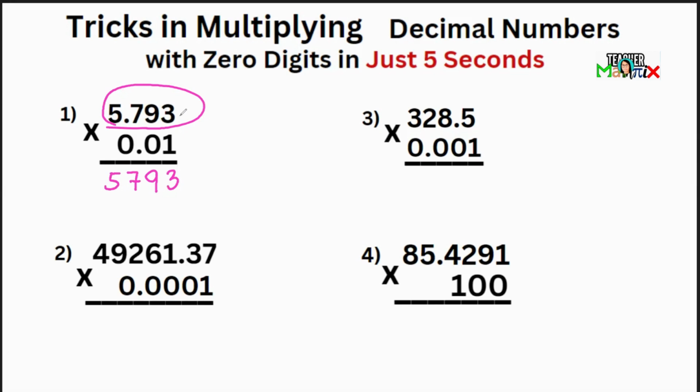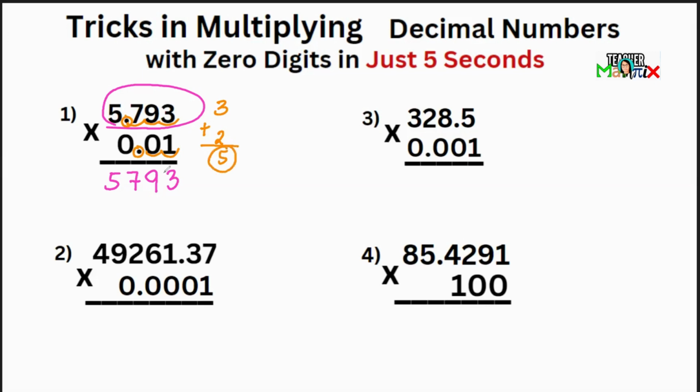O ilang digits pa kaya ang madaanan before ma-reach yung dot? Okay, let's start from the right. 1, 2, 3. Okay, 3 times. Dito naman, 1, 2. Ayan. 2 times. Then add. 3 plus 2 equals 5.